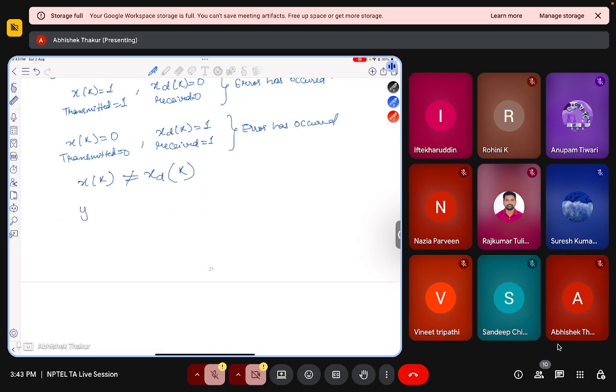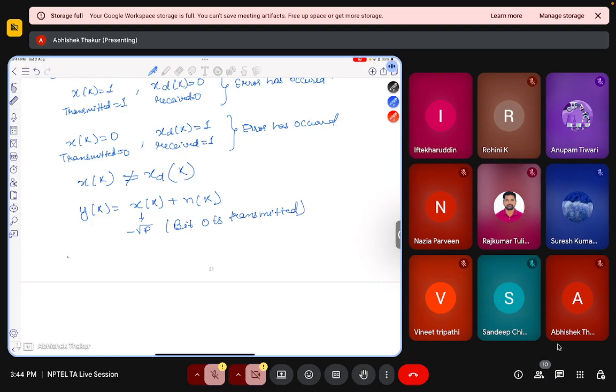So let's suppose Yk is equal to Xk plus Nk and Xk is square root of minus P, because bit 0 is transmitted.